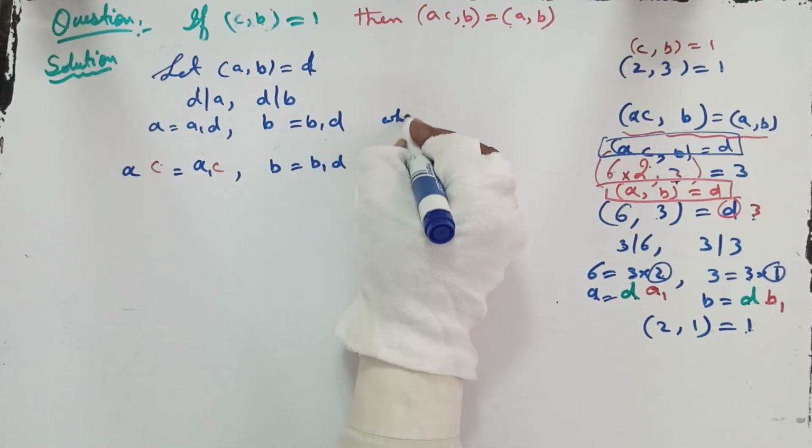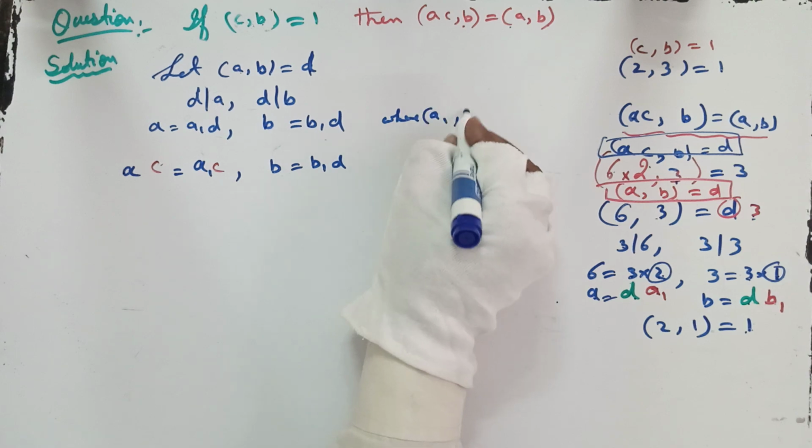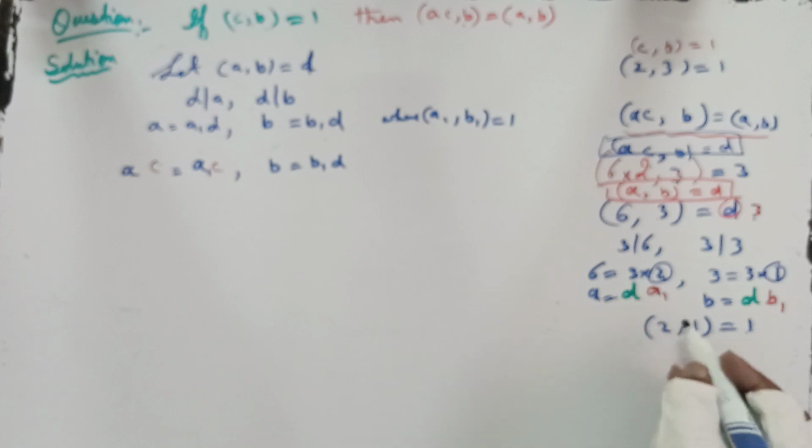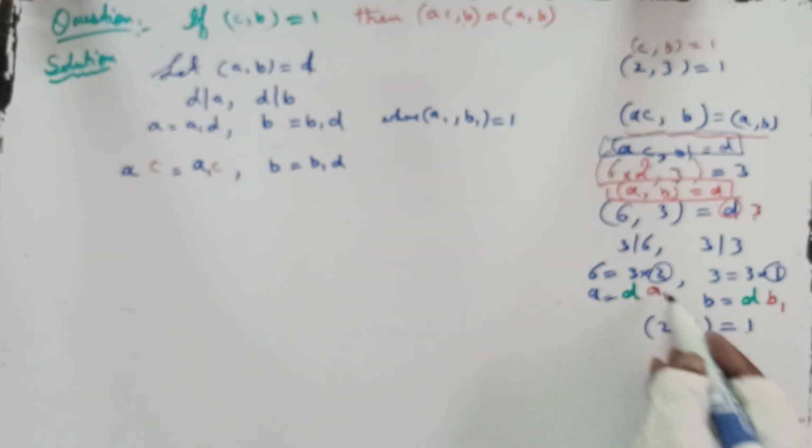Here A1 and B1 are relatively prime. Their greatest common divisor is 1. I have told you here, these two numbers A1 and B1 are relatively prime.